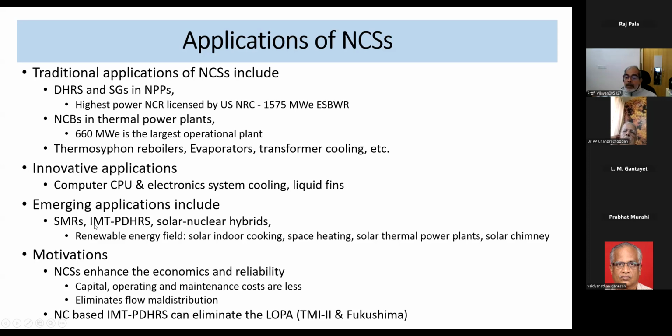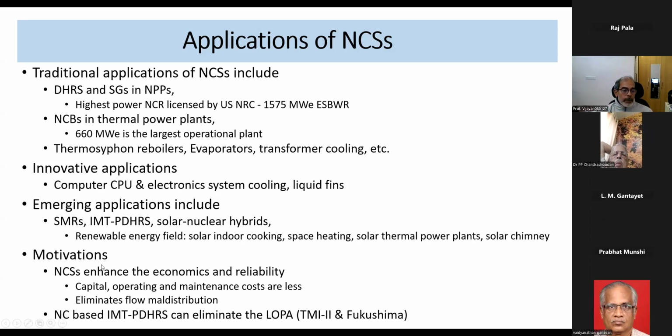And then there is the infinite mission time passive decay heat removal system. And there are even several solar nuclear hybrids proposed. Renewables like solar can be made a base load or 24-hour operating power station if you hybridize with nuclear. And it is proposed both for solar PV as well as solar thermal.